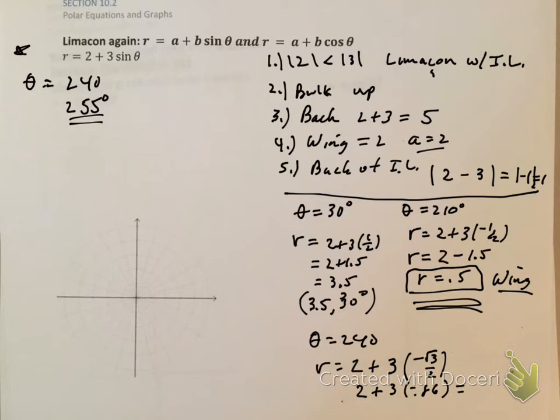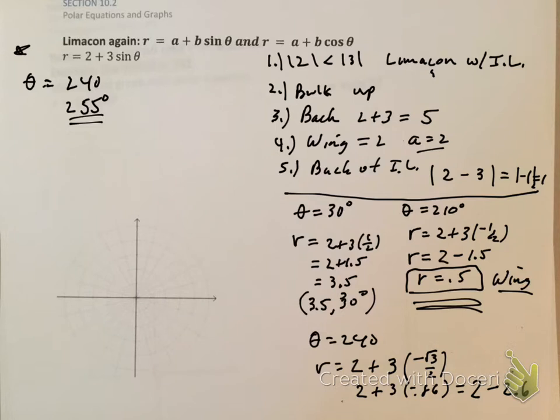I'm supposed to hit the sine button. Good job, Soash. So 240, hit the sine button, and I get a negative 0.8660. Oh my gosh, he's right. It happens every now and then. When I multiply it by 3, I end up with 2 minus 2.6, basically.